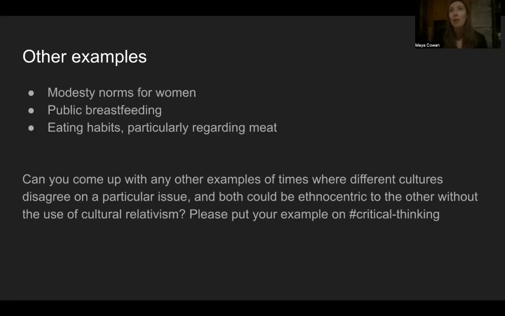Just as an example, I have a friend who worked in a hospital in Africa, and I forget where in Africa, so this is really out of context. He told me that at the hospital where he worked, where there were a lot of volunteers from Canada and the United States, it was totally normal in the rural area where he worked for women to be completely bare-breasted.